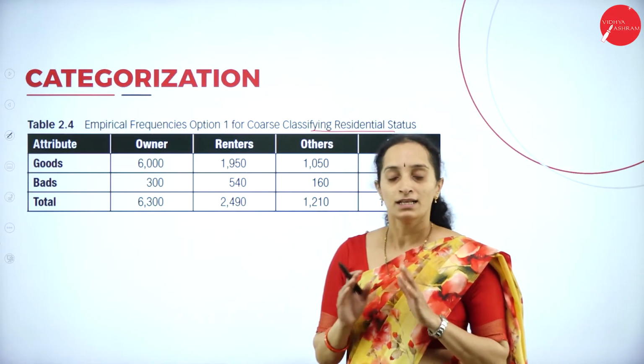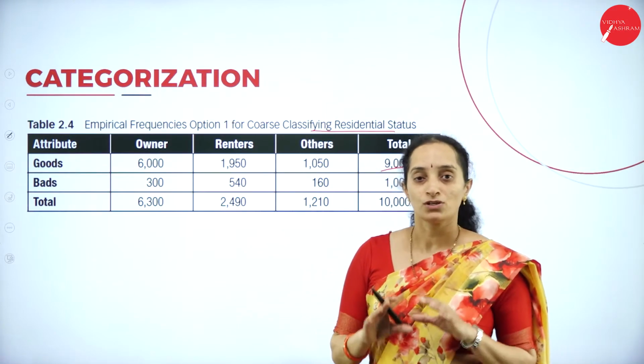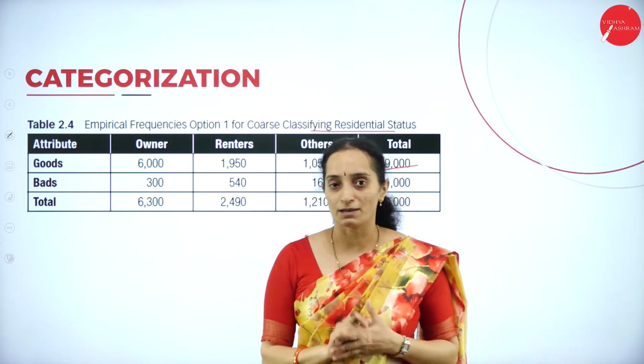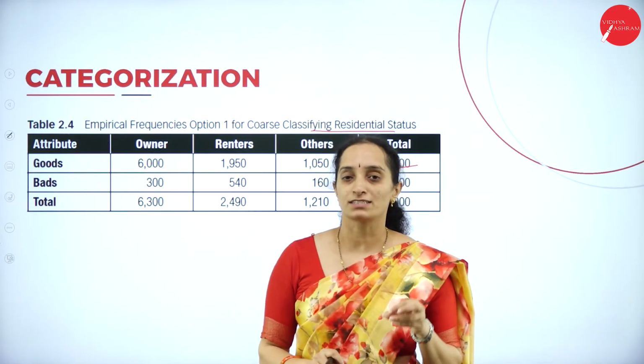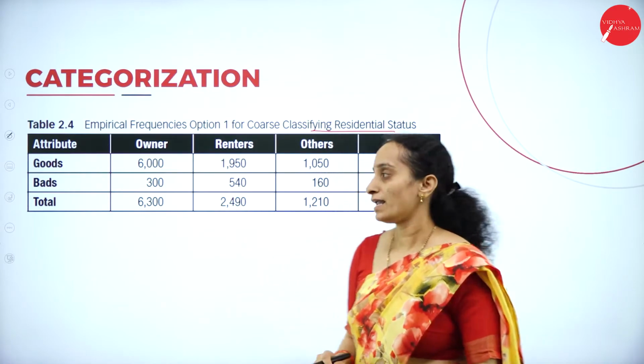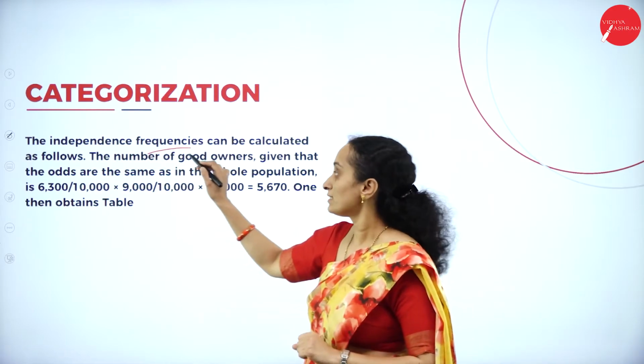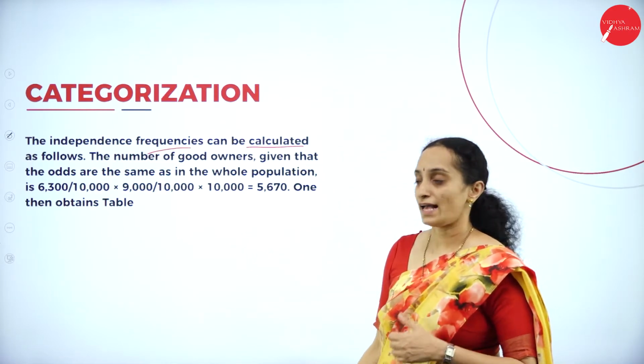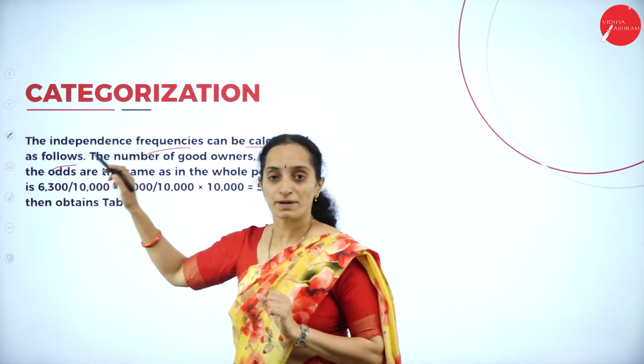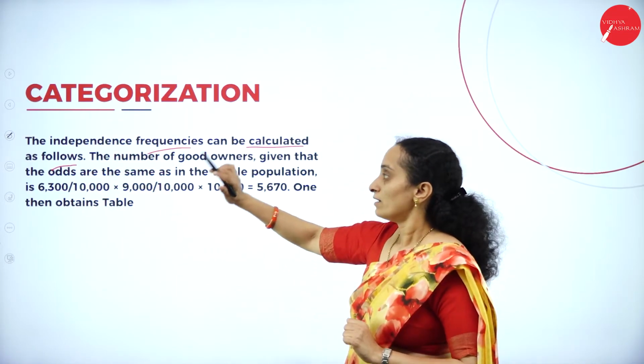You can consider the independence of variables. So for deciding the independence of the variables, we consider the chi-square analysis. Then the independence frequencies can be calculated as follows. How do you calculate the independence frequency?